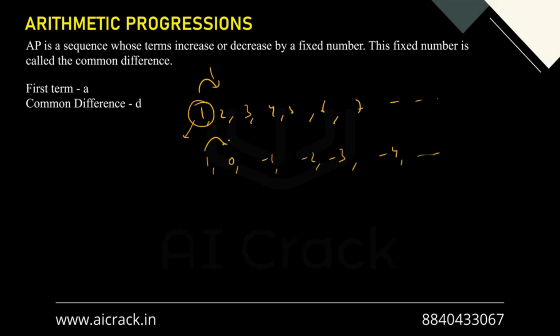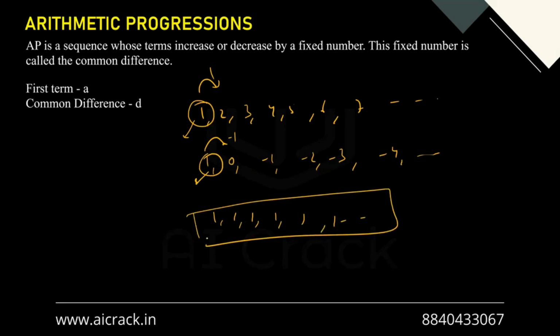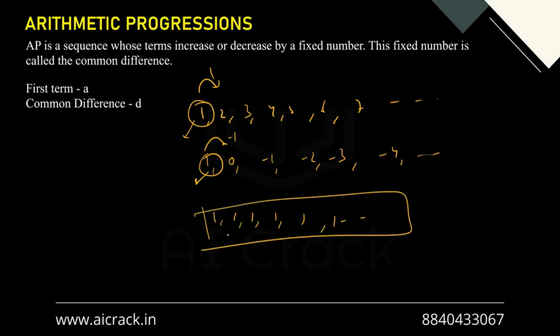Over here the common difference is -1 but the first term is A, right? So it's a decreasing kind of arithmetic progression. Now one can also say that the common difference is 0. So in that case 1, 1, 1, 1, 1. Although it doesn't have any kind of practical utility, just for the sake of definition, over here D is 0. Here D is -1, here D is 1, right?